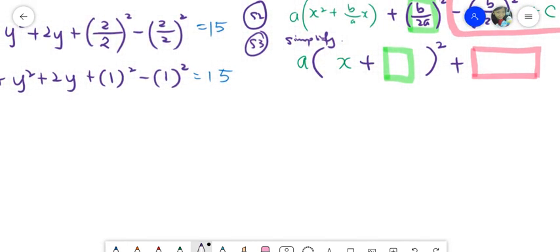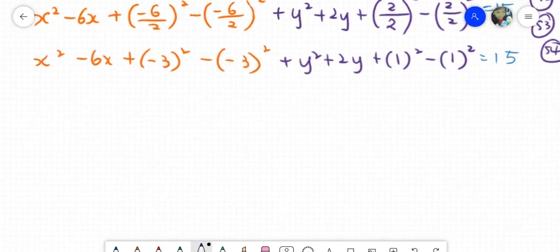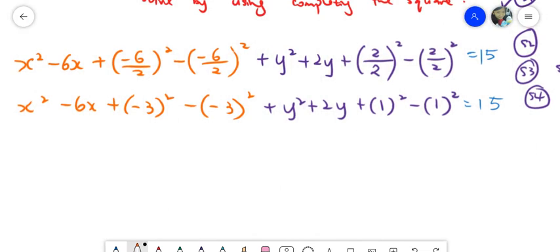What is your step 4? You will take the one that you have simplified into the bracket. So get the whole big bracket here.